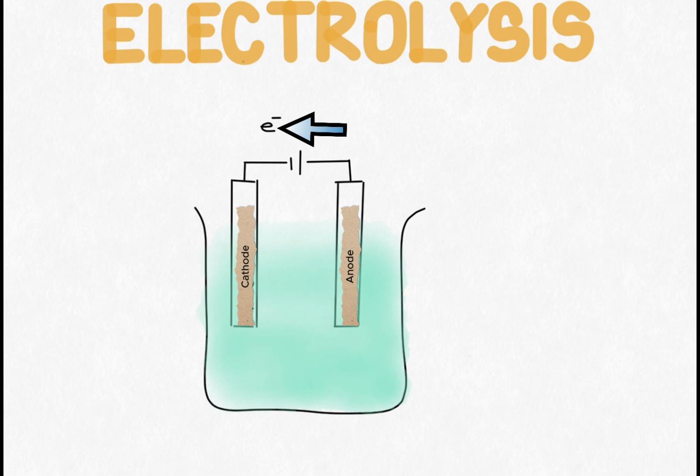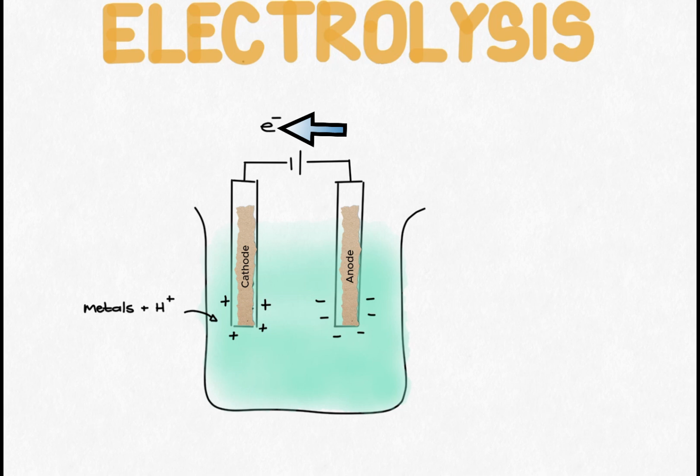Now, inside of the electrolyte, the substance that's dissolved into the solution will separate into its ions, positive ions as well as negative ions. Now, the positive ions, called cations, will be attracted to the cathode, and these will either be metals or hydrogen.